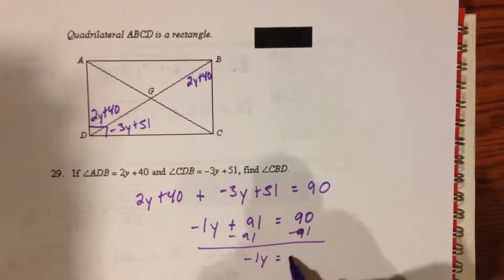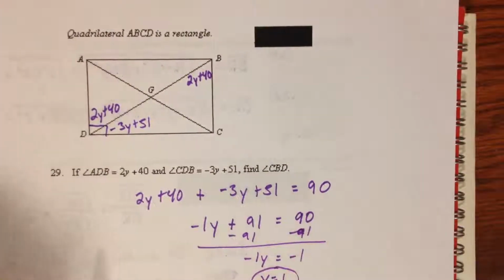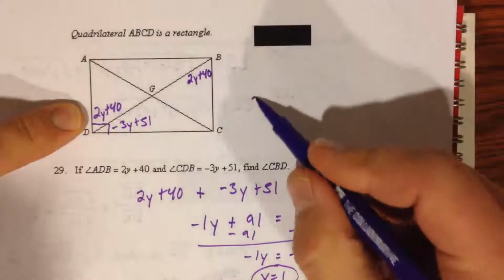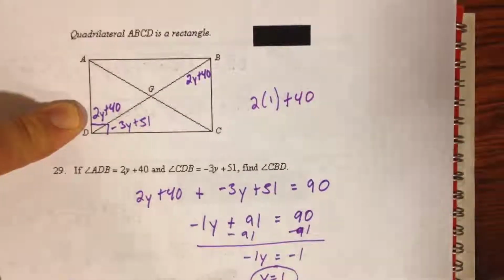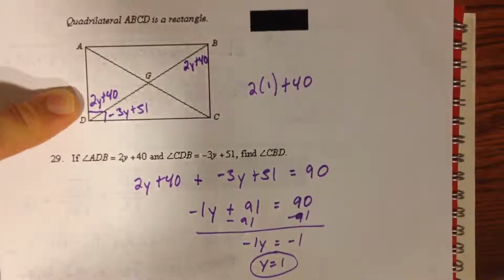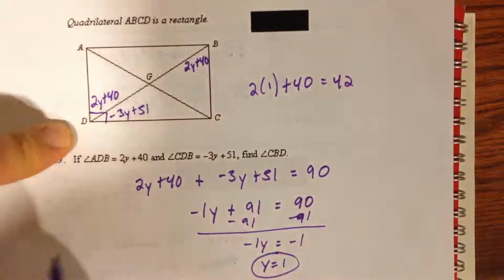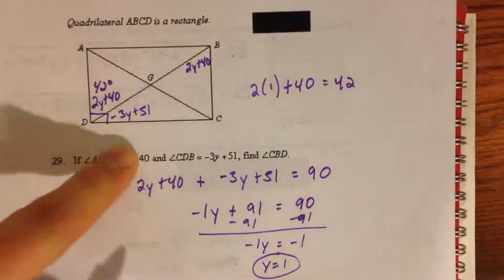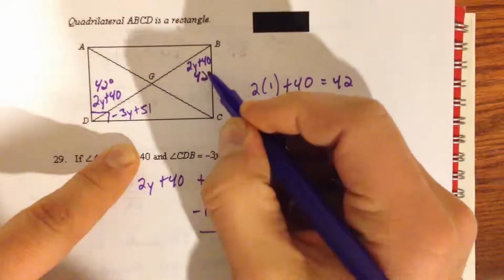Get negative 1y equals negative 1, so y equals 1. So when you plug that back in, you get 2 times 1 plus 40, so that's 42. So if that's 42, that's going to be 42.